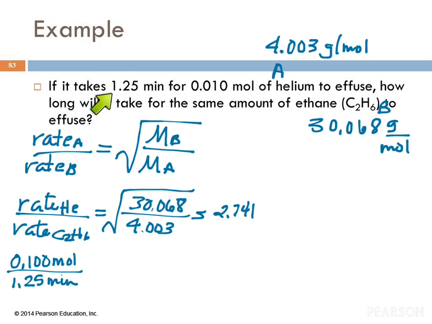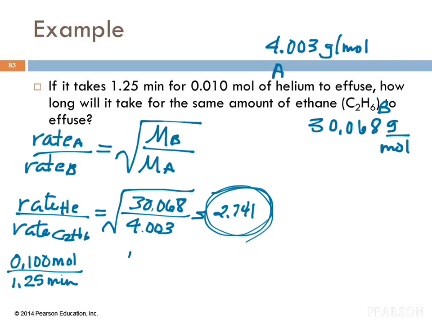So if it takes helium 1.25 minutes for this much to effuse, is it going to take ethane more time or less time? It's going to take more time, right? Because the helium's faster. By what factor will the time be greater? 2.741.